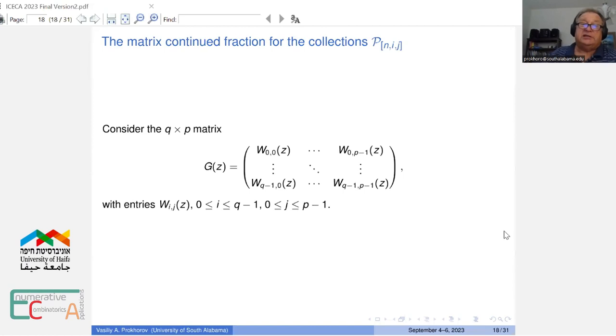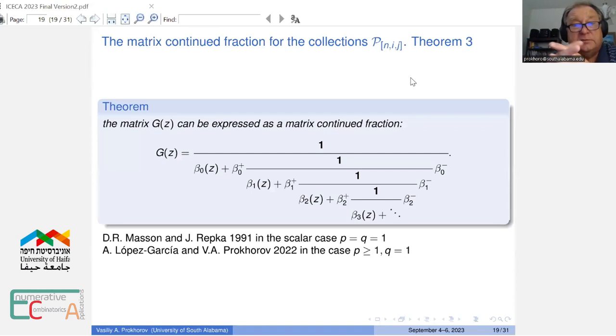So now we can state one more result of our work. This result is related to a matrix Q by P, and the elements of this matrix are generating series for class P and IJ. And we have, again, a matrix continued fraction representation with the same structure, only the beta matrices that we'll see right there are constructed not by matrix H, but by matrix K. On the next slide, I'll show you how matrix K is defined.